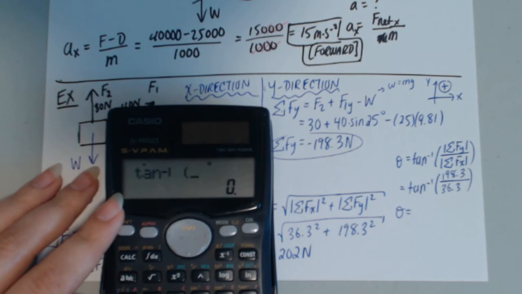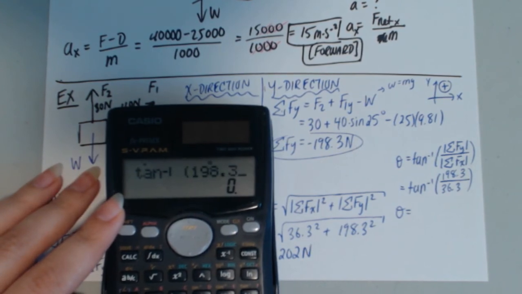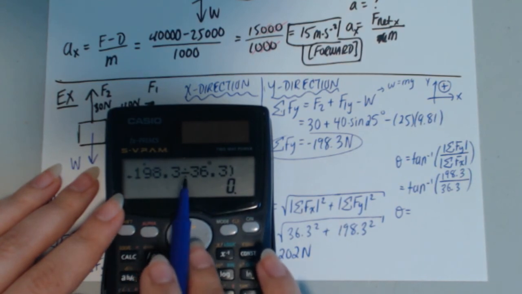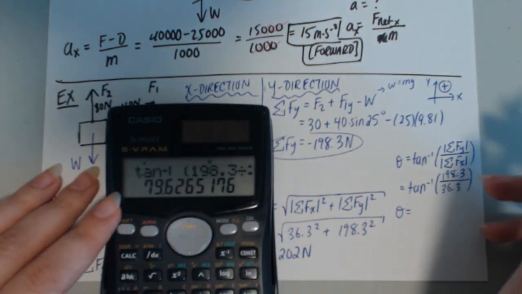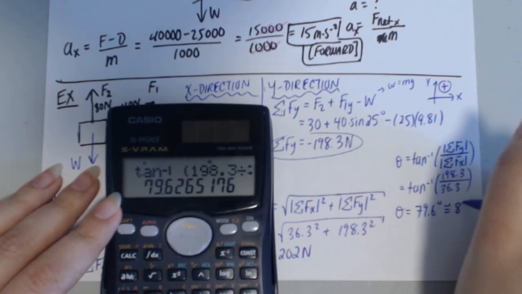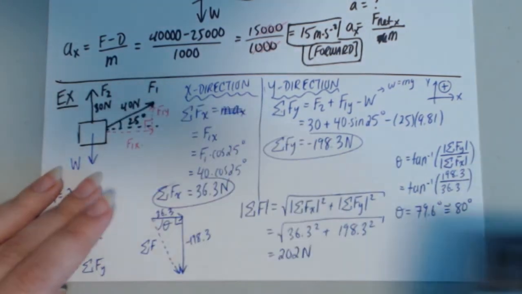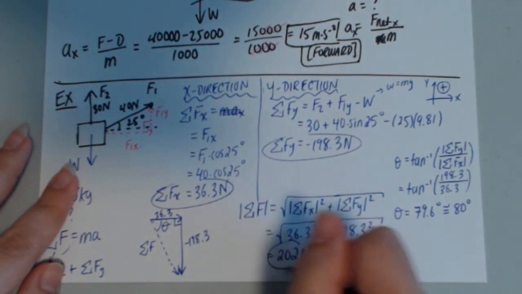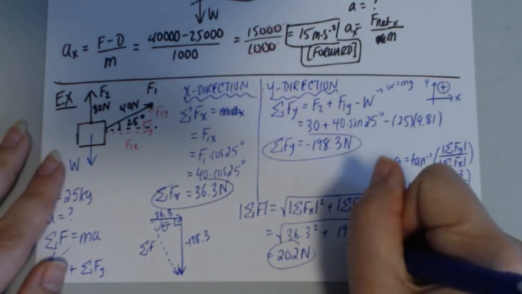So inverse tangent of 198.3 over 36.3. And by the way, you can put the fraction symbol or the division symbol here. It doesn't matter. It's the same. Theta is equal to 79.6 degrees, which we'll just call 80 degrees since it seems like we're sticking with whole numbers. So I've got the force, I've got the direction.